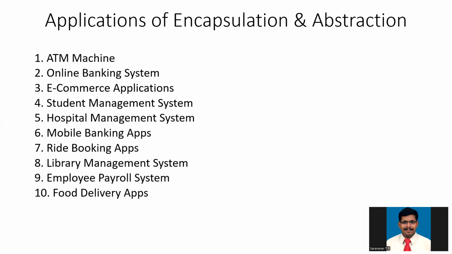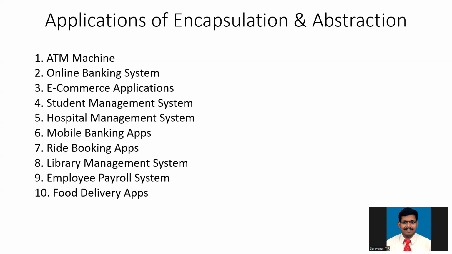The user will be browsing the menus and placing the order, and the delivery person alone has access to deliver to the current location. They don't have any other access. Such access restriction is called abstraction. Customer address, payment detail, and restaurant data, everything will be available with the server and that will be secure. These are the various applications of encapsulation and abstraction.